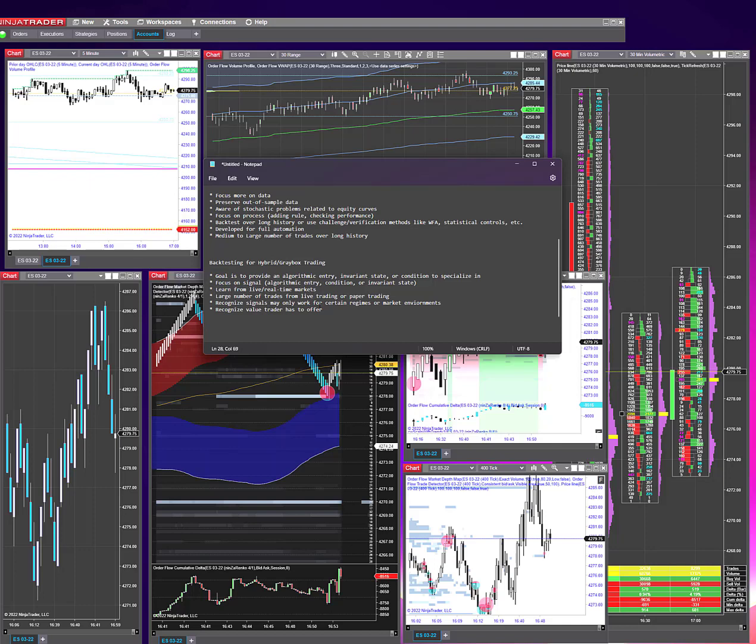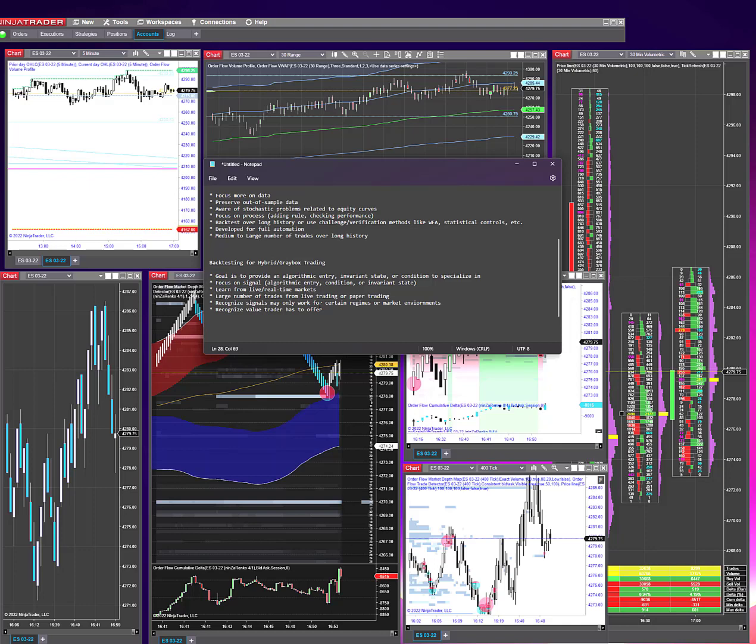They're looking at things. For example, I noticed something today. It wasn't in my setup. I noticed something that happened off the 4280 level. I'm not going to say what I noticed. If you're a tape reader, you may have seen something in the market. And it gave me an idea for a trade. And actually, I almost made a lot on that trade, because I took a trade off that.